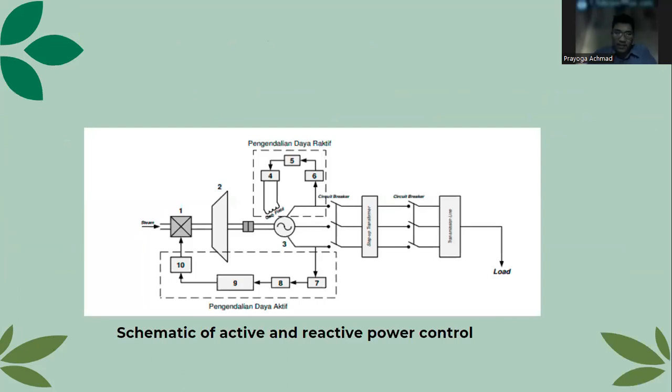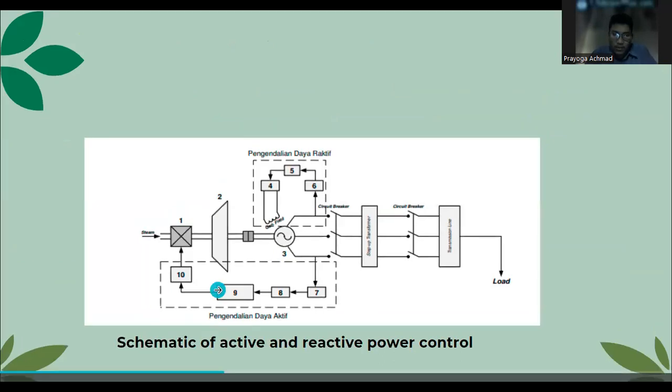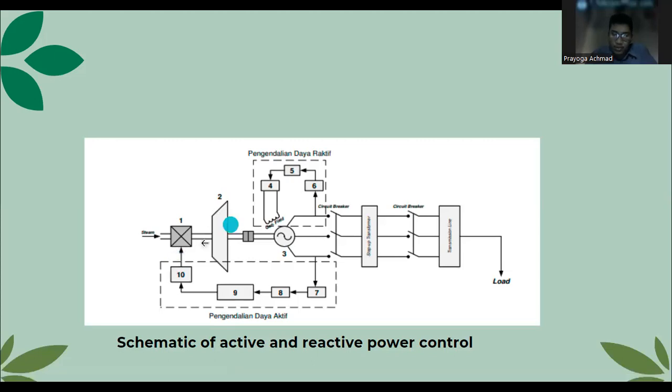Now we can see this schematic of active and reactive power control. Number one is the valves. Number two is the turbine. Number three is the synchronous generator. Number four is the excitation system.